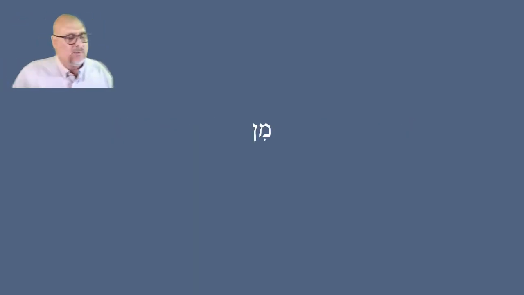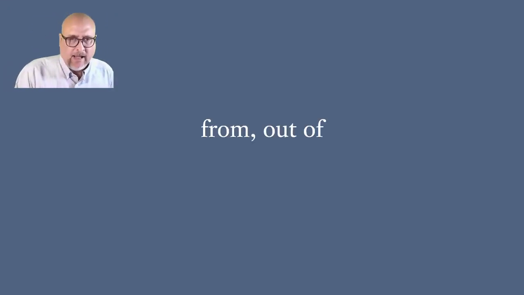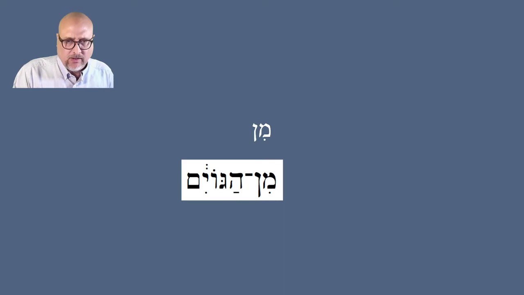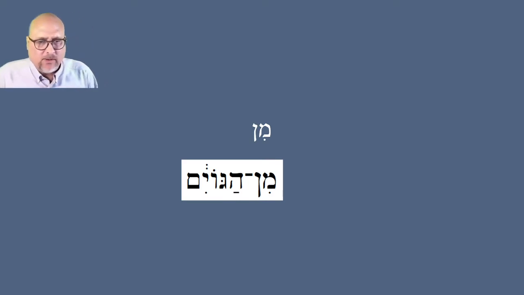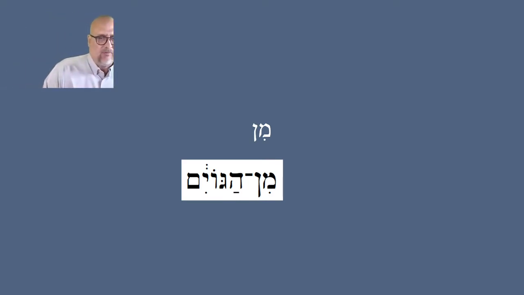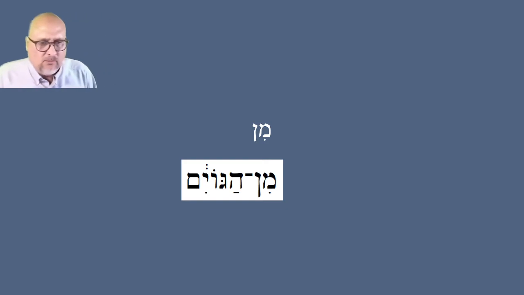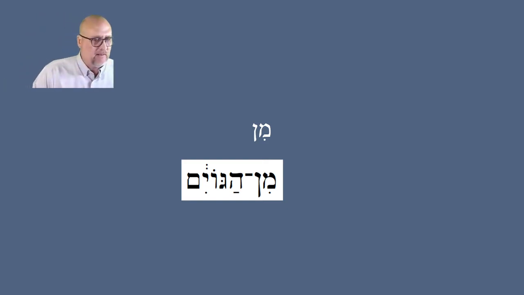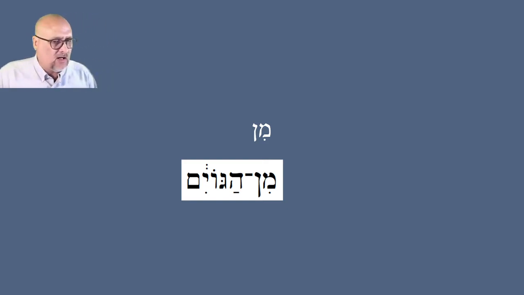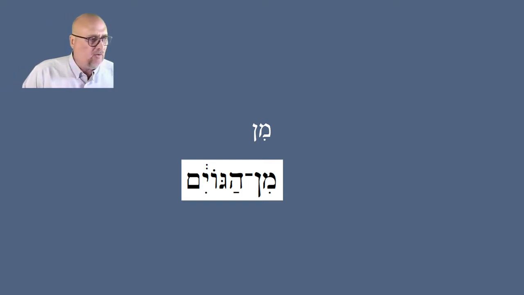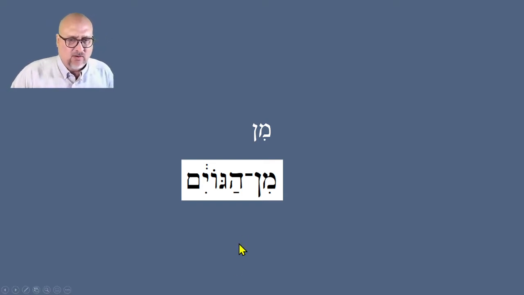Men is from, and it's weird because sometimes you'll find it written like this, men hagoyim. So this is from Ezekiel 36. God says, I will take you from the nations. So men hagoyim.